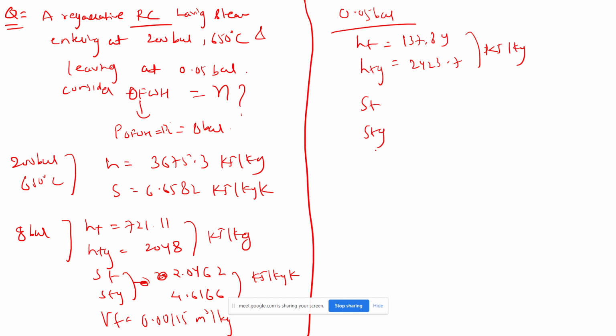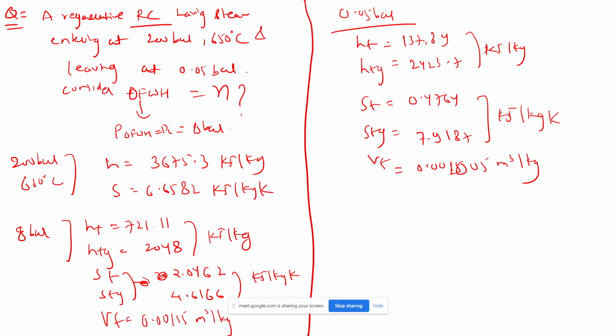SF, SFG and VF: 0.4764, 7.9187 kilojoule per kg Kelvin, and VF 0.001005 meter cube per kg. So you have to determine the efficiency.